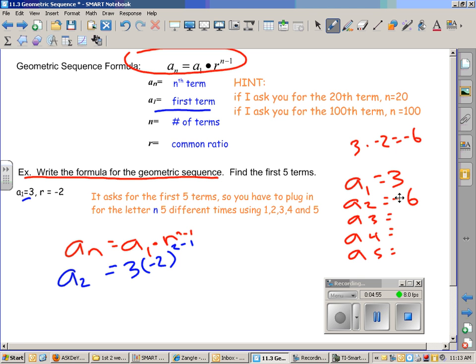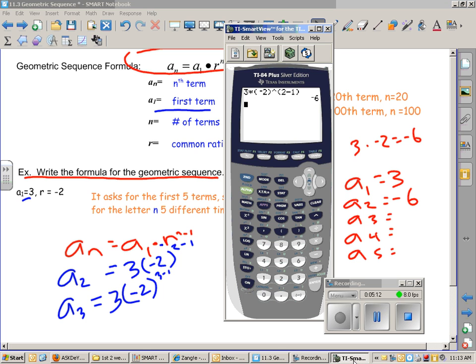So now let's find out a to the 3rd. Again, term 1 is 3, we're still having negative 2 as our ratio. And then to the n minus 1, if we want the third term, we've got to do 3 minus 1. So if we bring our calculator back up, plug in 3 times, and again parentheses, negative 2 is that common ratio, to what power?